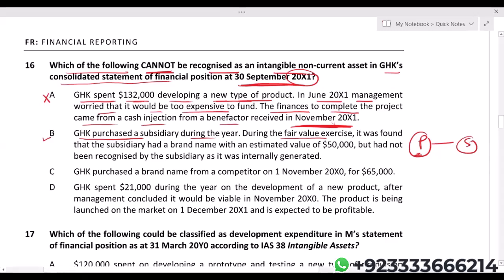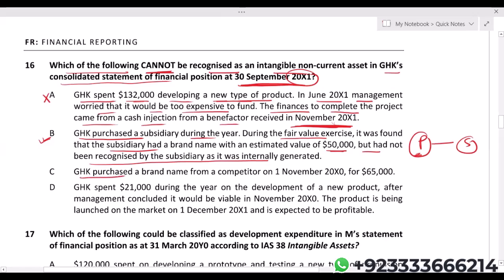GHK purchased a subsidiary. During the fair value exercise, it was found that the subsidiary had a brand name with an estimated value of $50,000, but had not recognized it as it was internally generated. So in group accounts it will be recognized, as a fair value adjustment at acquisition. GHK purchased a brand.